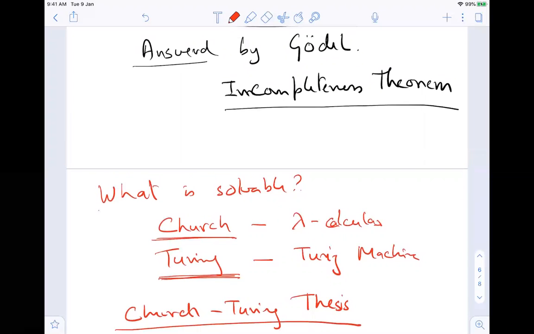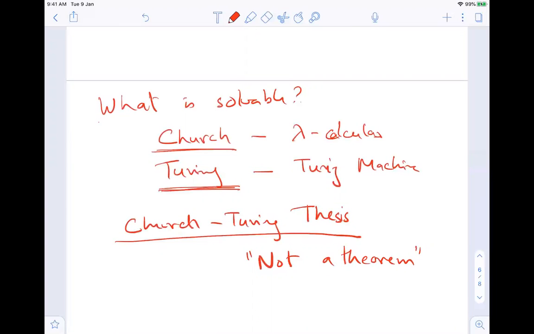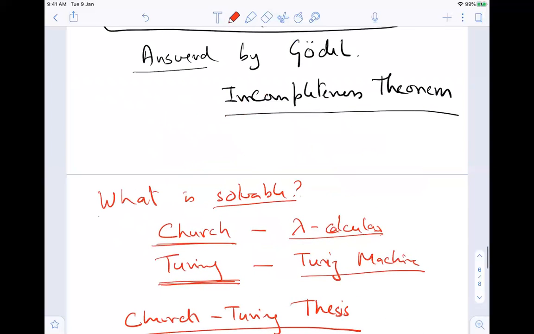It is not a theorem. It is an attempt to define what is solvable. They proved that lambda calculus and Turing machines are the same, and that's a theorem. But the fact that this is the final definition of solvable is not a theorem. It's a thesis, a proposal, a hypothesis you can think of.